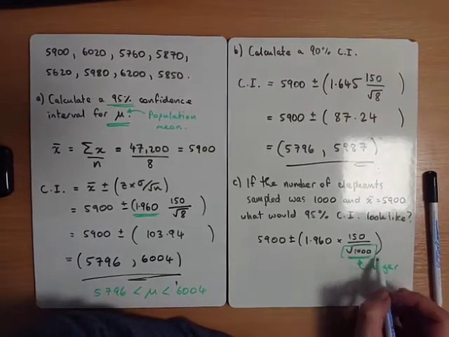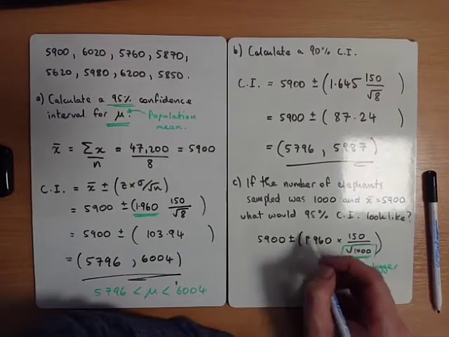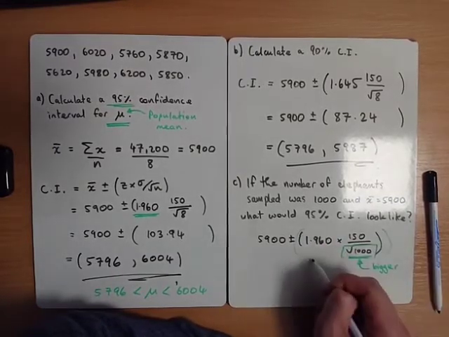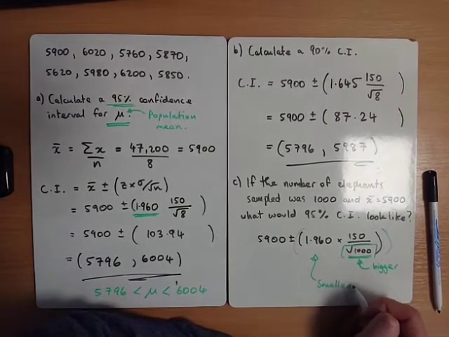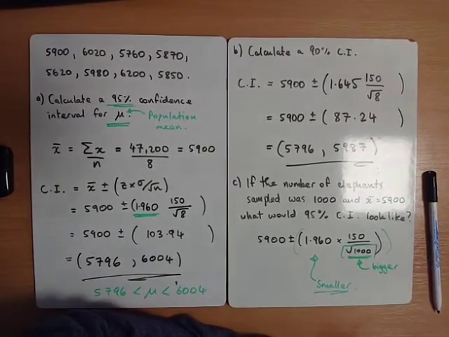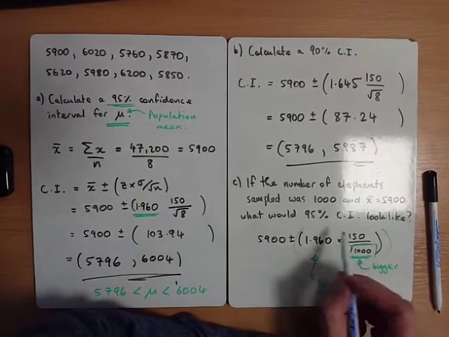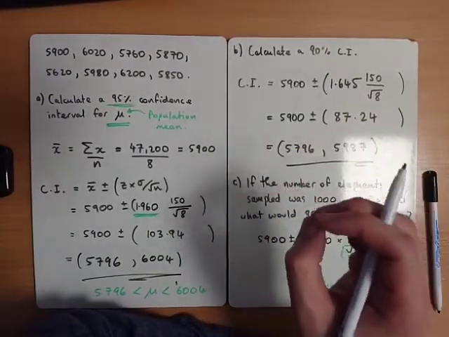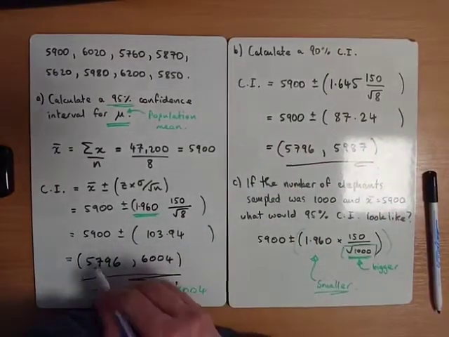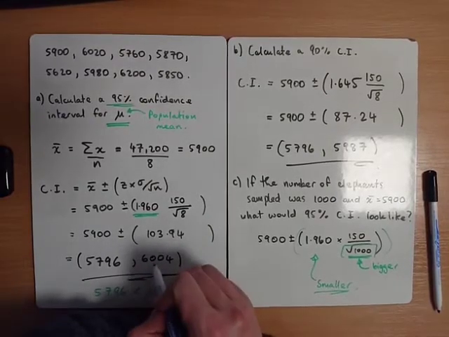So if this is larger and we're dividing by it, the whole thing will end up being smaller. What does that mean? If this is smaller, we've got to add less on and take less off. In other words, the interval that we'd end up with would be a lot smaller than this interval.